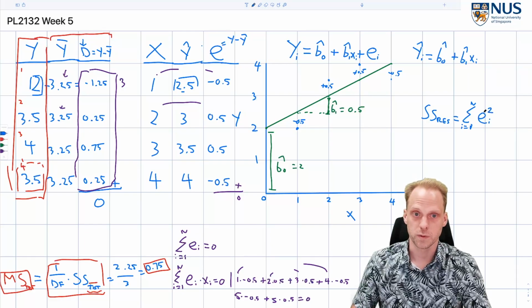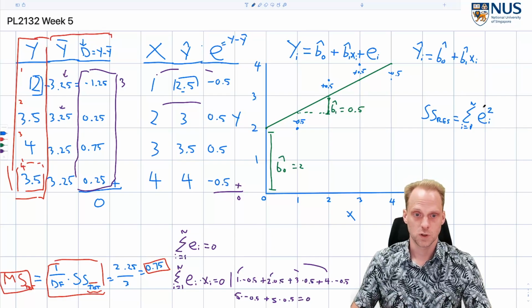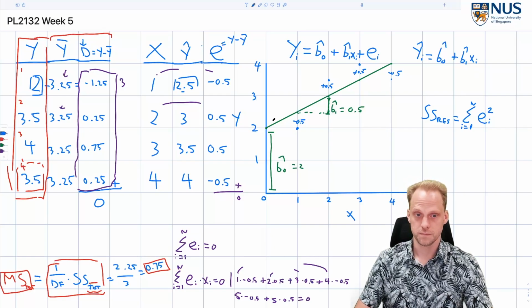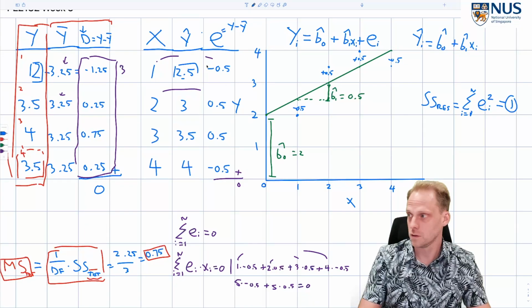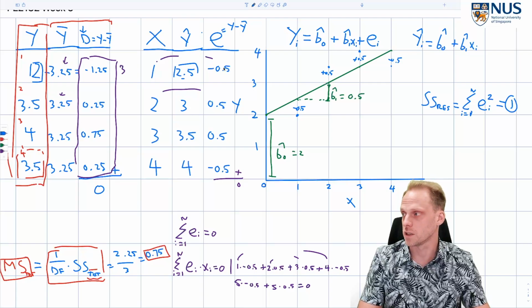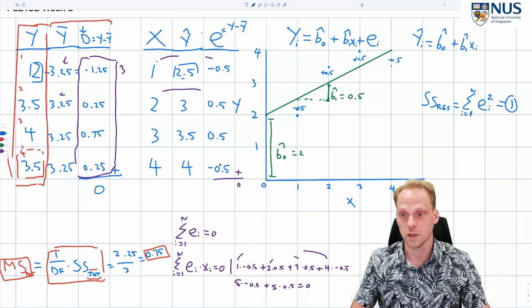Right, and the error term is y minus y hat. So we can do that, and in this case, that is 1. Each squared error is 0.25, 0.25, 0.25, 0.25, so the sum of that equals 1.